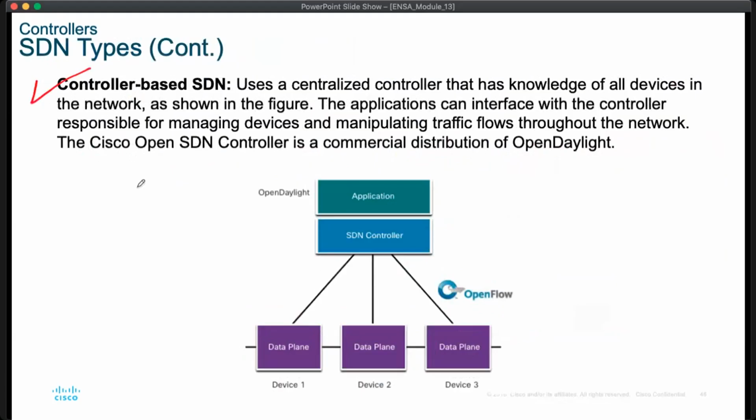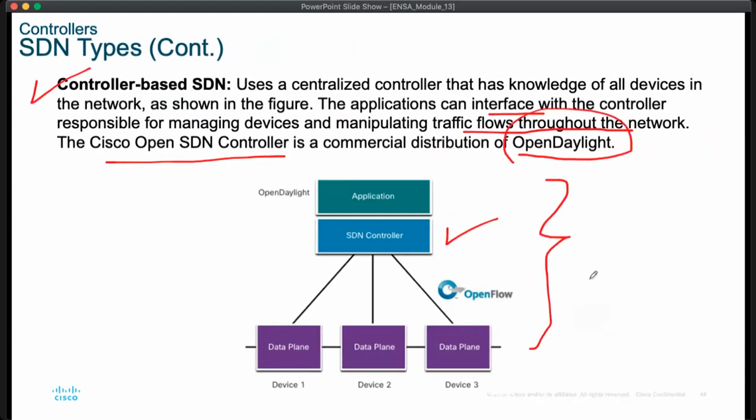It uses a centralized controller that has knowledge of all devices in the network, as shown in the figure below. The application can interface with the controller responsible for managing devices and manipulating traffic flows throughout the network. The Cisco Open SDN Controller is the commercial distribution of OpenDaylight. So this is the one.